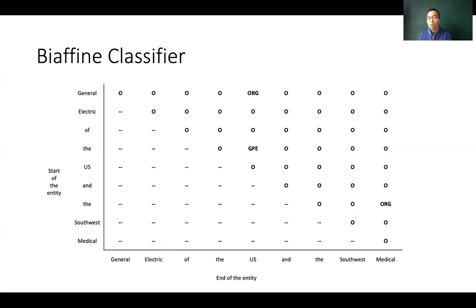However, due to the nature that the end index should always be larger than or equal to the start index, we only use half of the scores. So we discard the other half, which we marked as a dashed line here, meaning that the end index is smaller than the start index. This is against the definition of the start and end indices.